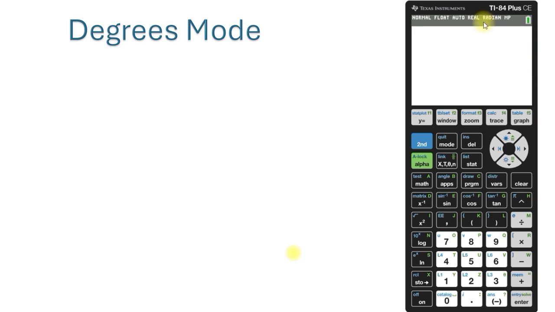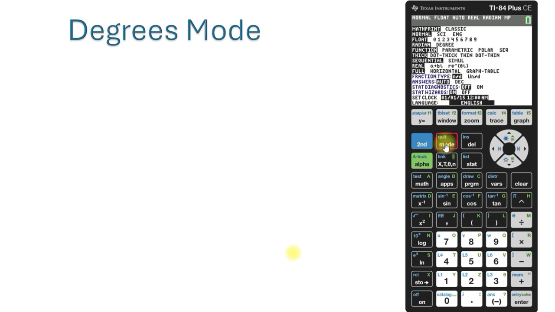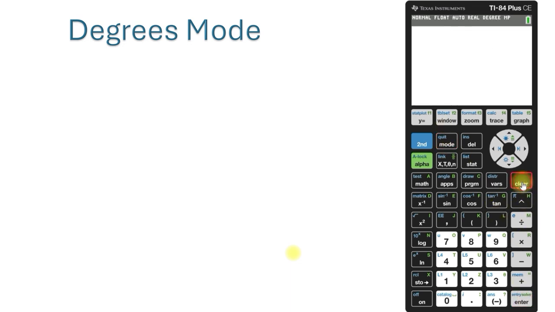Right now, this particular calculator is set to radians. We can adjust that by going to Mode. And we'll come down a little bit to where it says radians. Come over to degree. I'll hit enter. And as you can see up here, we are now set to degrees.